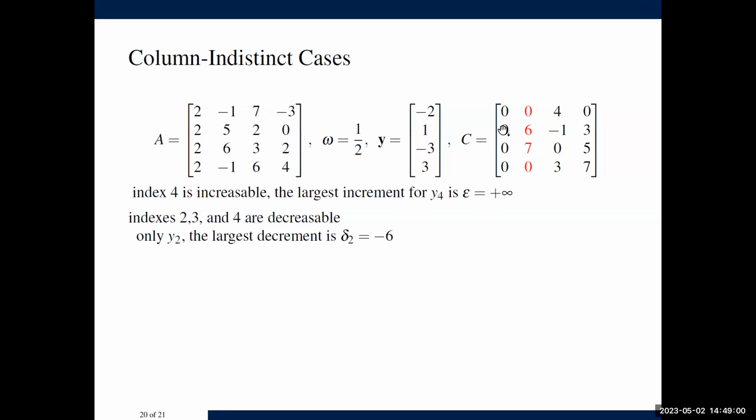We can, because this row already has a negative. So the maximum modification for this one is to be 0. So when we decrease it by more than 6, then this 6 will be negative, and we cannot have 0 as the second smallest element. That's why the largest decrement is minus 6.